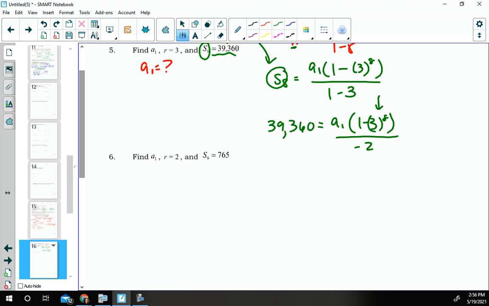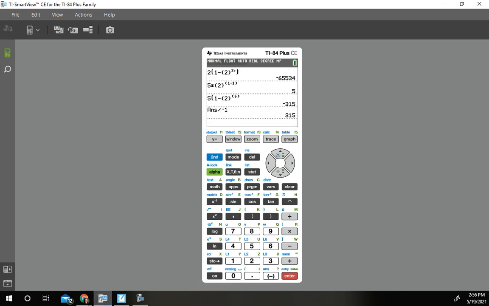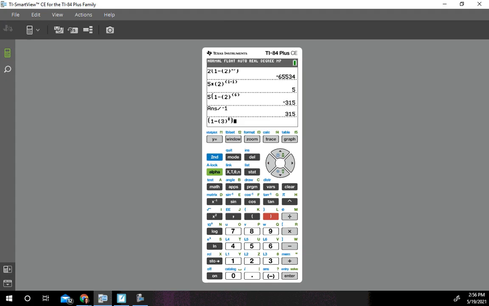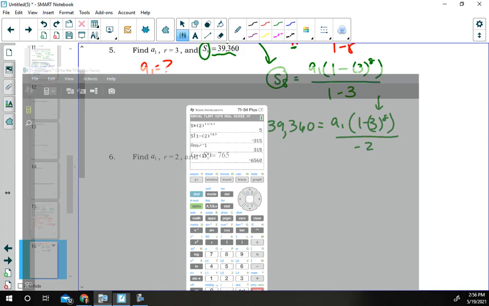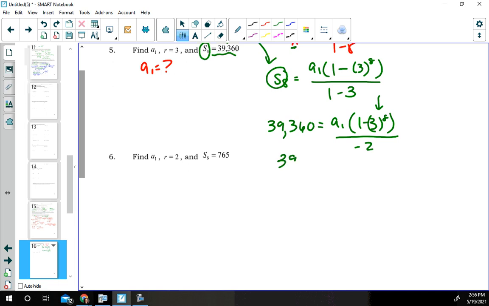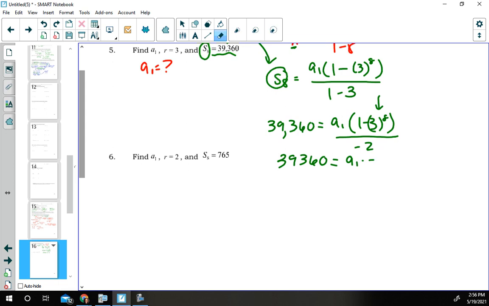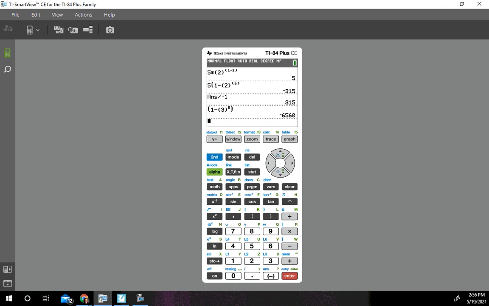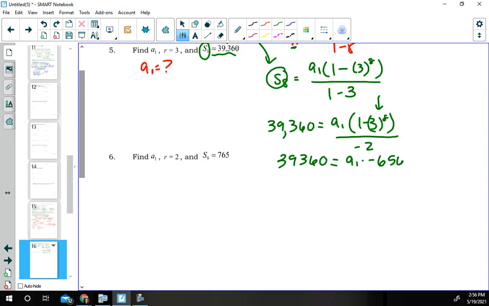Let's figure out what this is. So I'm going to do 1 minus 3 to the 8. I think that's what it was. Yep, negative 6,560, all divided by.